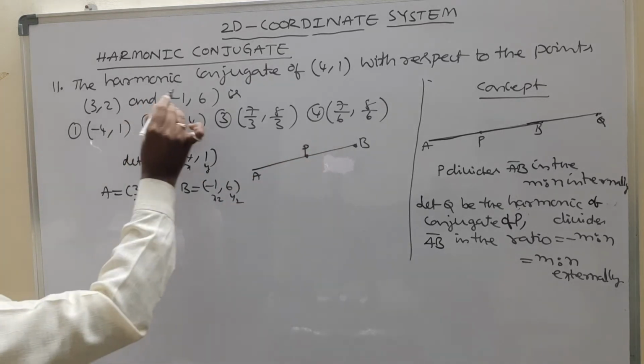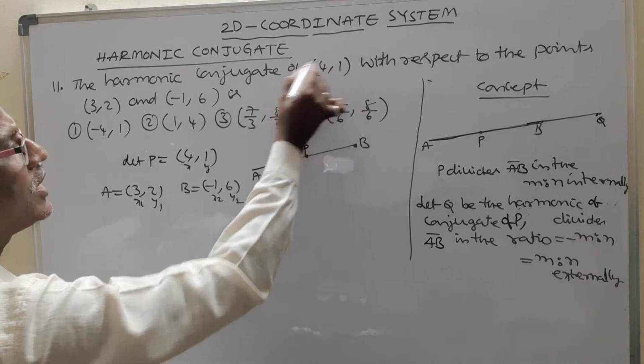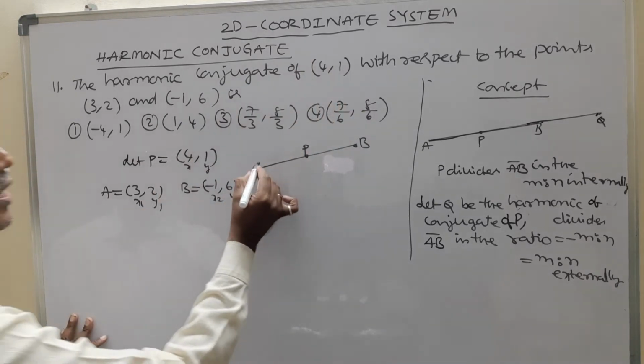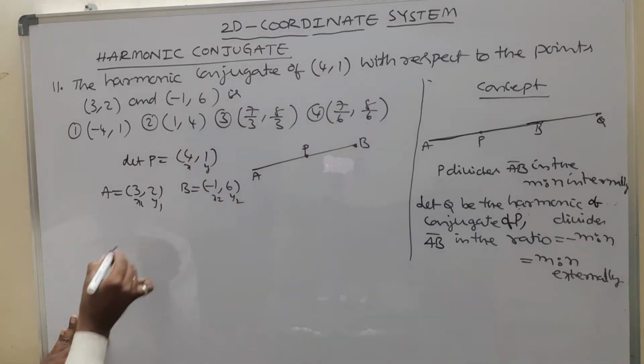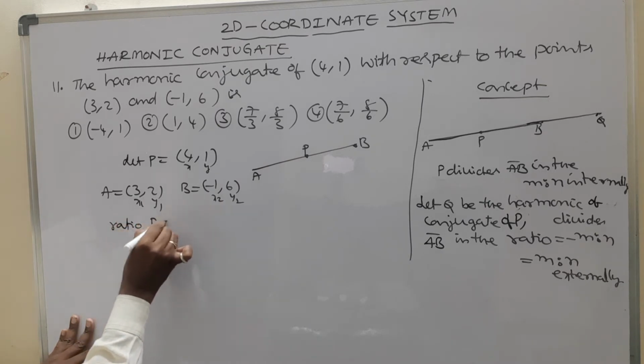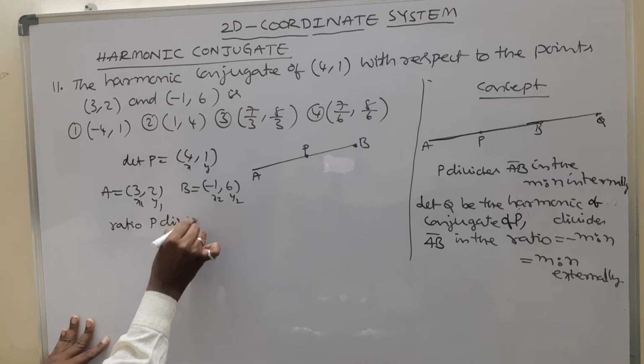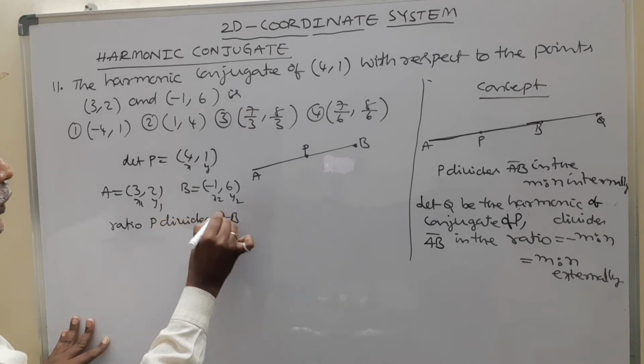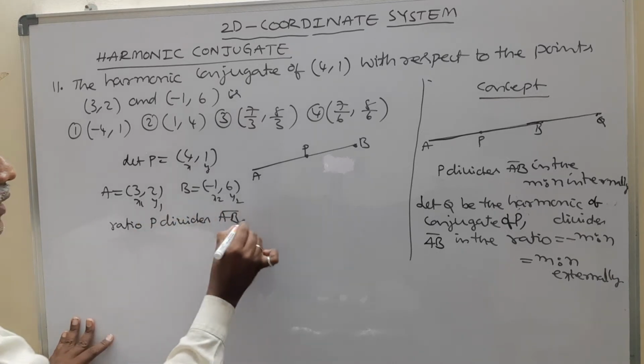In this question, to find the harmonic conjugate of this point, first find the ratio in which P divides AB.